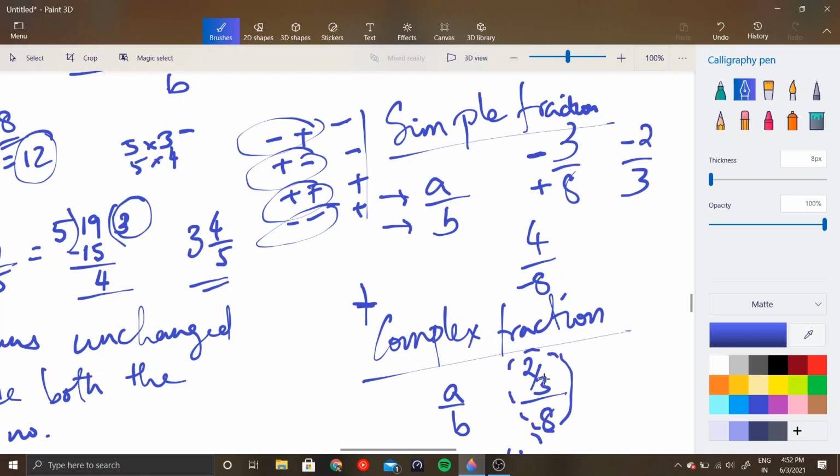To convert this into a simple fraction, you have 2 by 3 and you are dividing it by 8. So basically you are dividing this by 8, so you can take it like this: numerator divided by 1 by denominator. That is how you convert a complex fraction into a simple fraction.